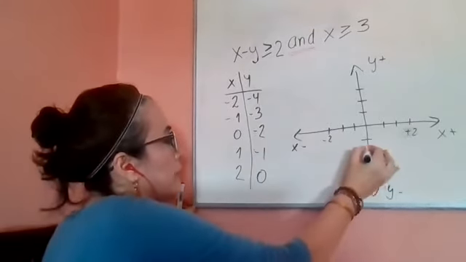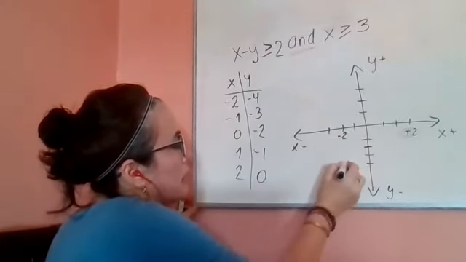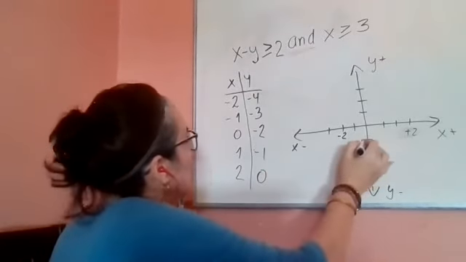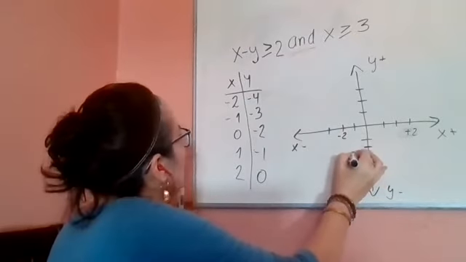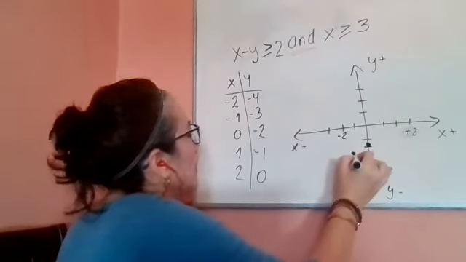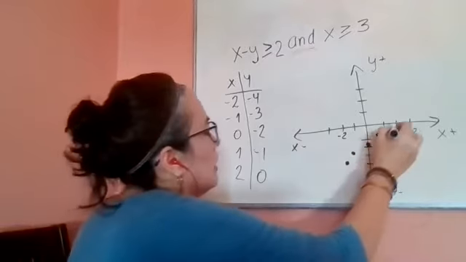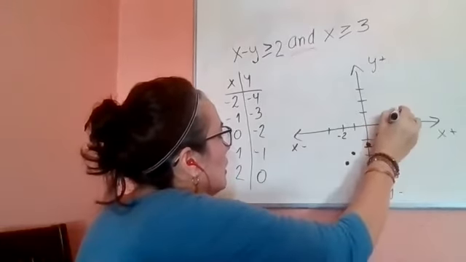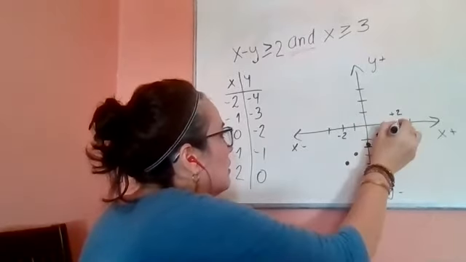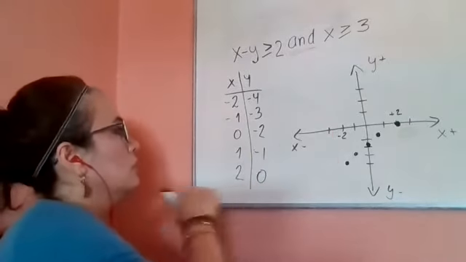Negative 2 is negative 4, so negative 2 is going to be negative 4 around here, and then negative 1 is negative 3, and then 0 is negative 2, and then 1 is negative 1, and then 2 is 0. This is the line of dots that I get. Perfect. I get 1, 2, 3, 4, 5.